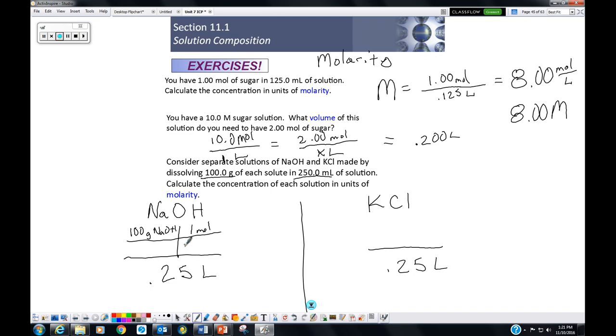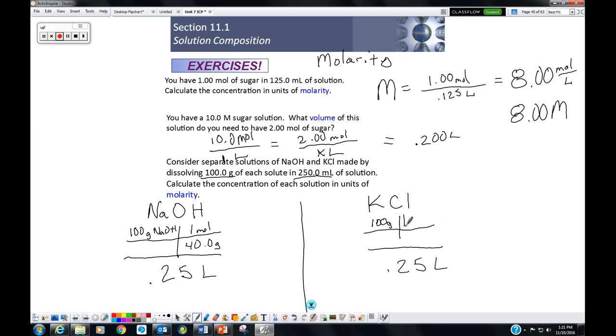So formula mass for sodium hydroxide is, I'm going to call it 40. All right. And then we set it up the same way for potassium chloride.